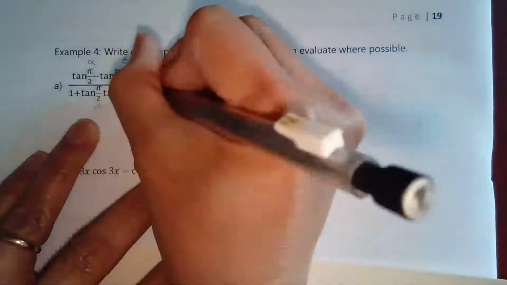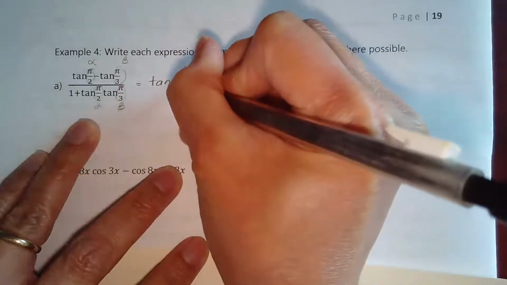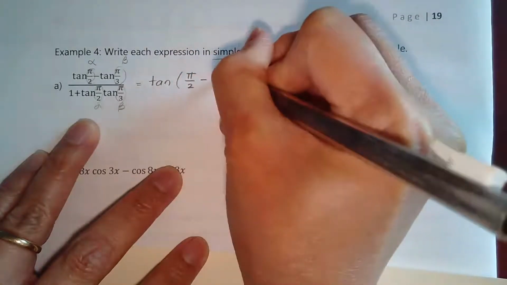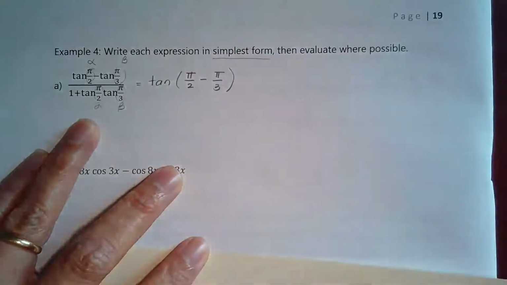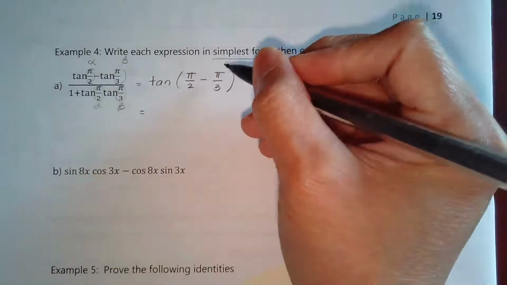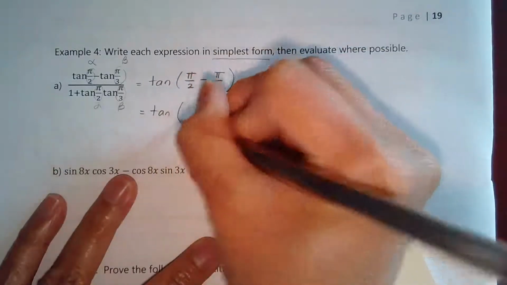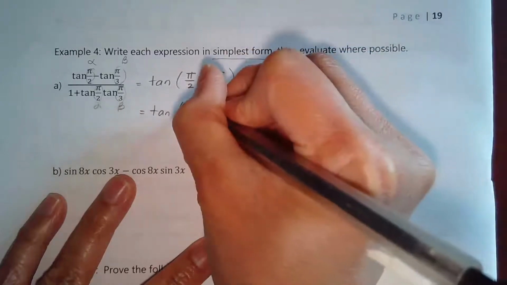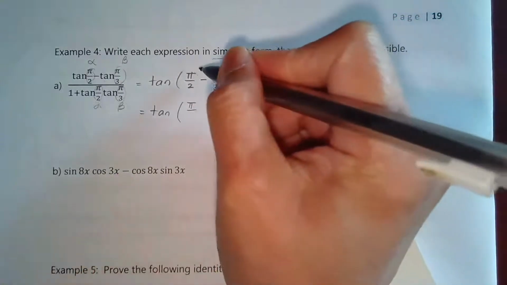So we can write that as tan of alpha, which is pi by 2, minus pi by 3. Well, how can we do tan of pi by 2 minus tan pi by 3? We can simplify this inside. So tan, we can multiply by 3/3.